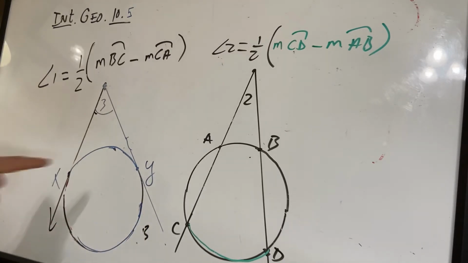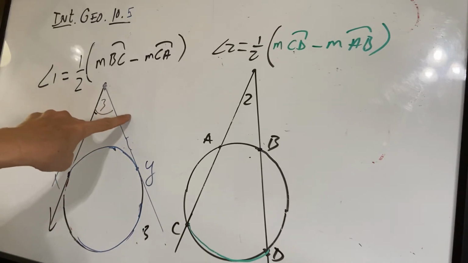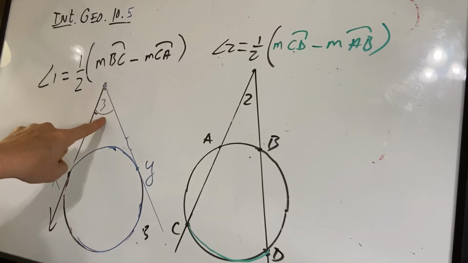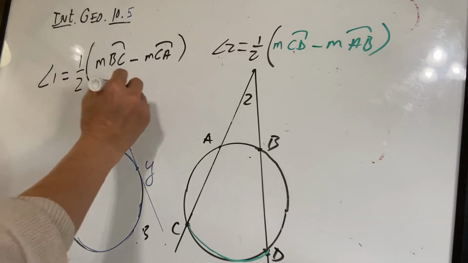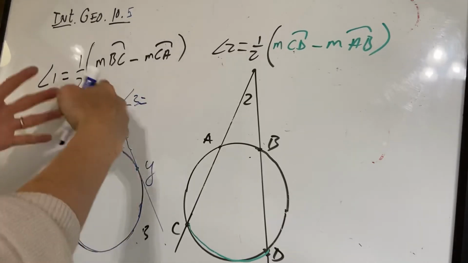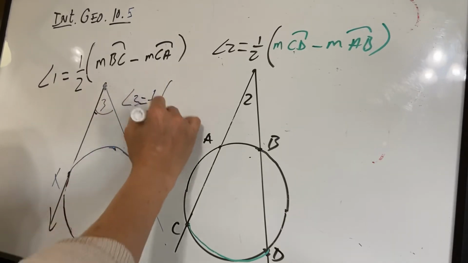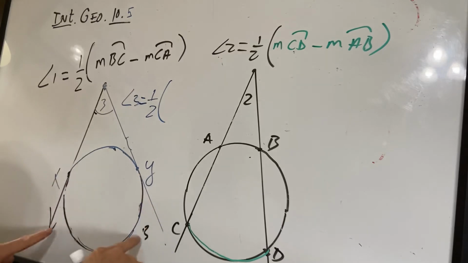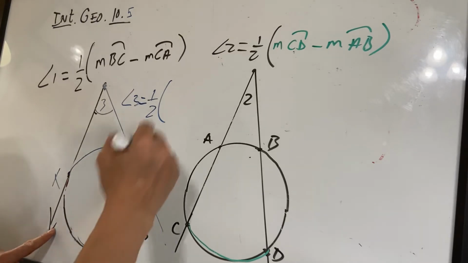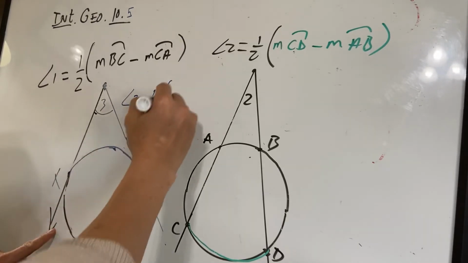Now, case 3. Two tangents to the circle. What would it be like for angle 3? Relate to this situation. Same thing, y'all. One half of the bigger intercepted arc, which is the measure of XY.